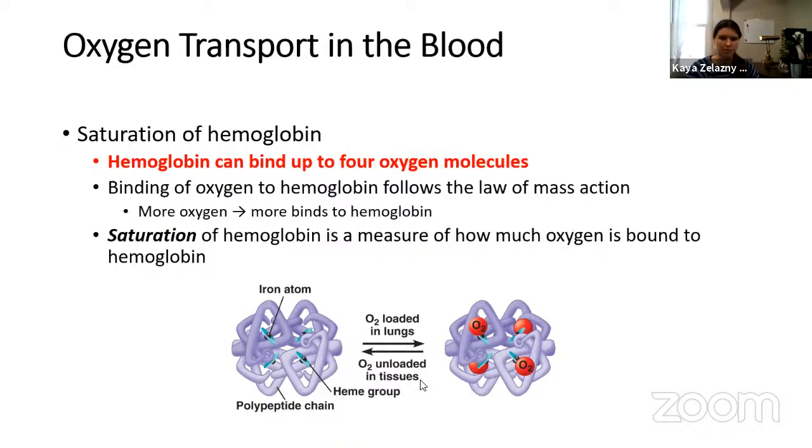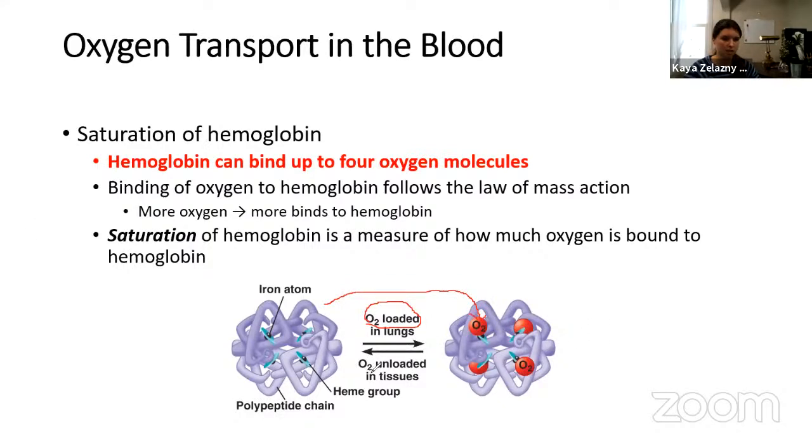Some other terms here that we want to keep an eye on are loading and unloading of oxygen. So we're going to be tracking what causes easier or harder oxygen loading versus unloading. When we say that O2 is loaded onto hemoglobin, we're saying you gain an oxygen on that molecule.